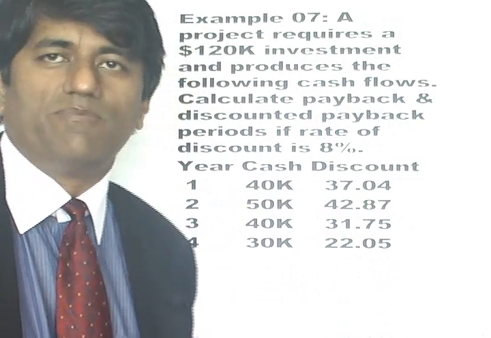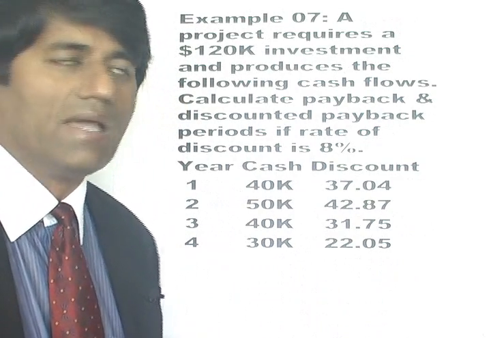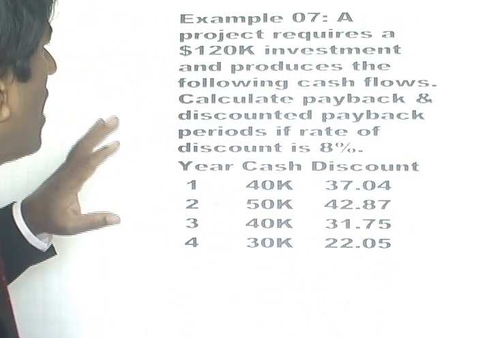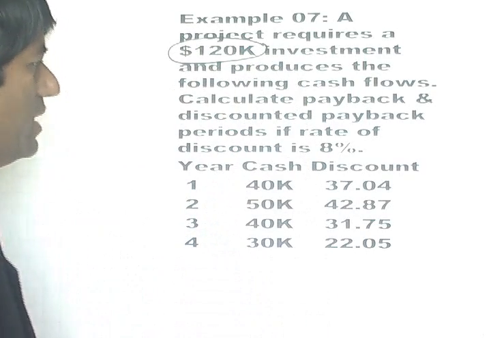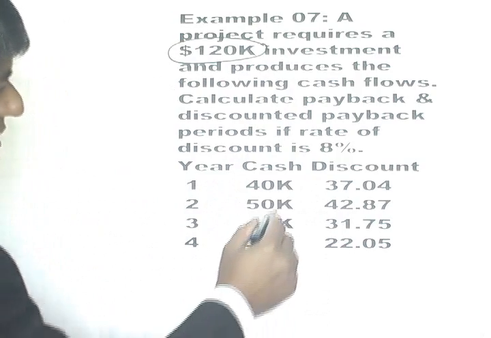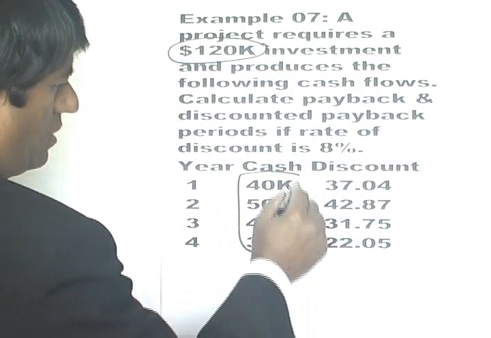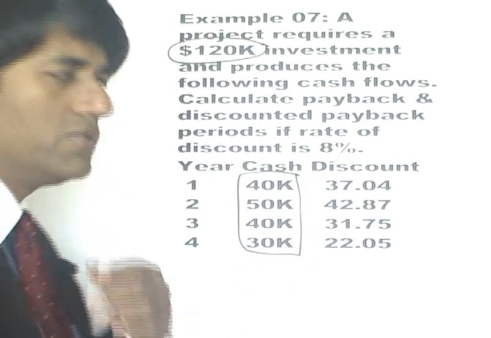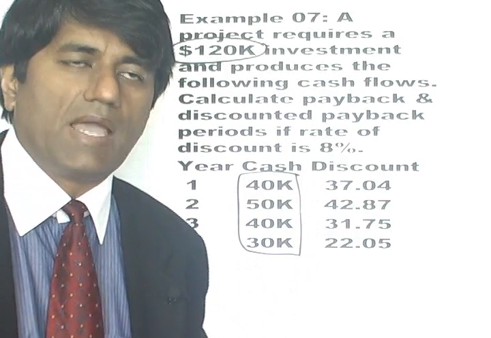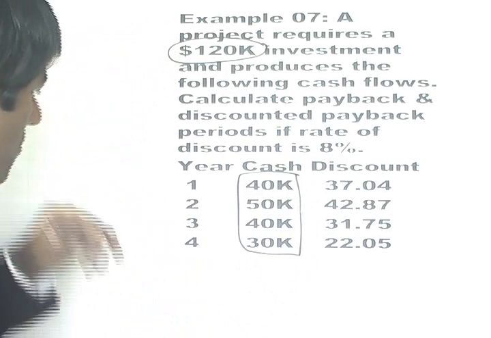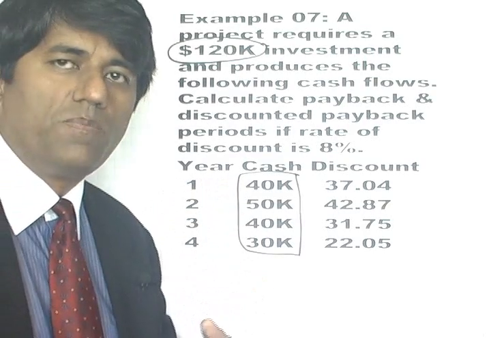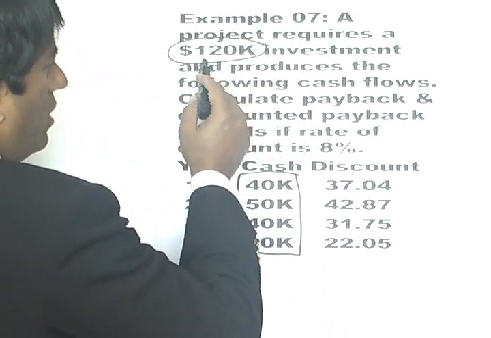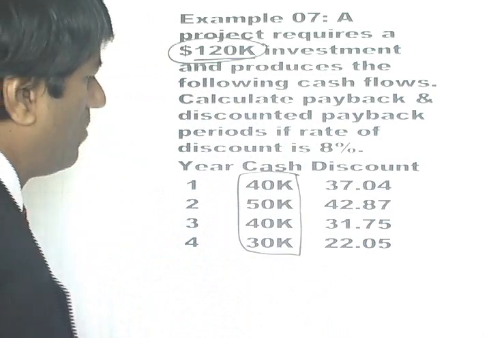Here we have an example of payback and discounted payback. The project requires a $120,000 investment, and it produces these cash flows. So the first question is, what is the payback period? Well, you add these up and see at what point you get back your initial 120,000.